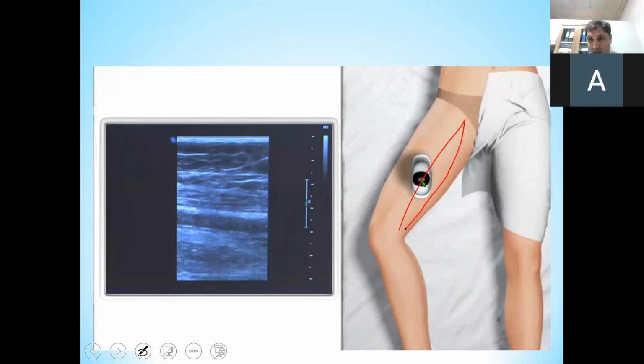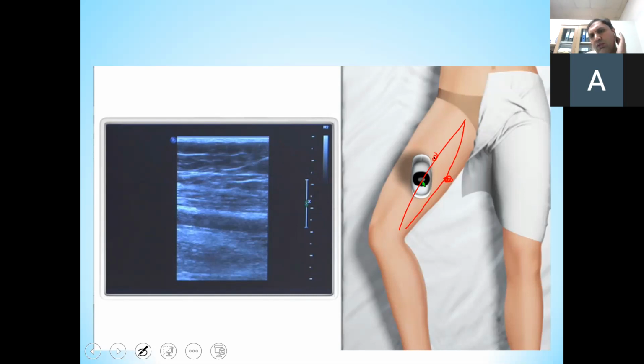This is not a three-dimensional anatomy and it's a bit difficult, but you can assume a z-axis: this is towards you, which is superficial, and this means deep.